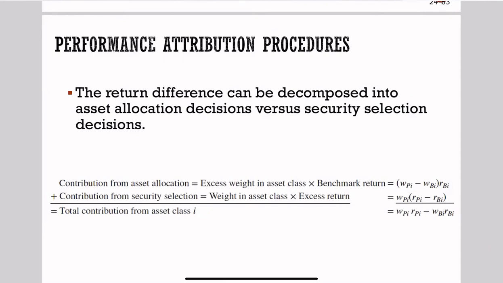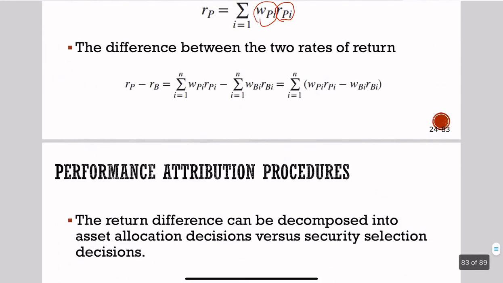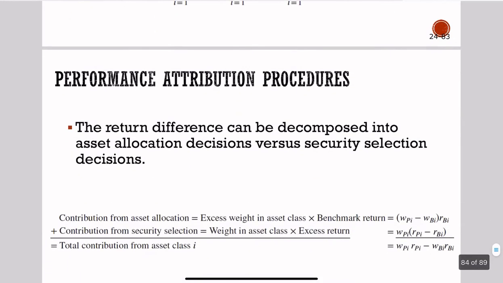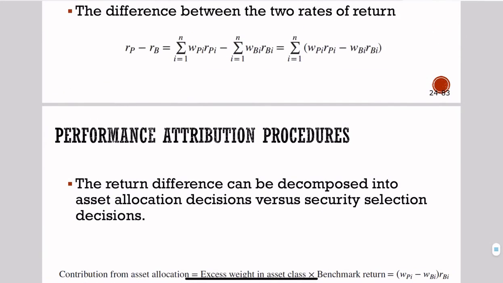Okay, the next step is more important because we will try to decompose the return difference we just calculated, right? We will try to decompose this return difference into two components. The first component is asset allocation. The second component is security selection. So let's first see the return difference here.